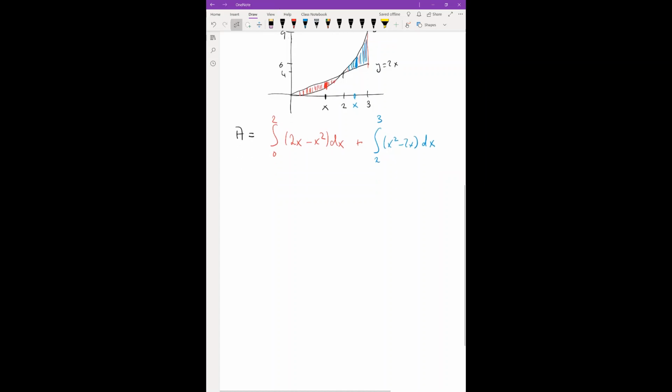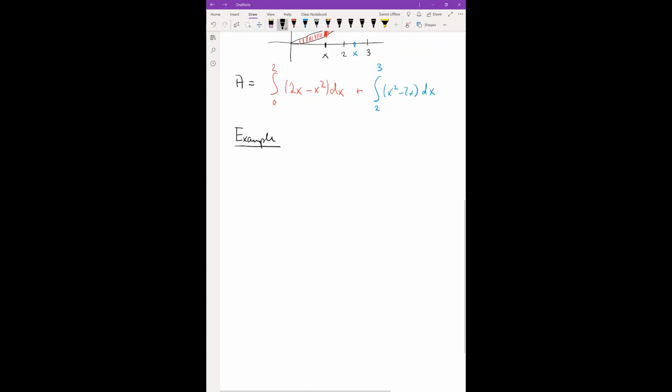Now let me do a second example. Again, I do y equal to 2x and y equal to x squared.